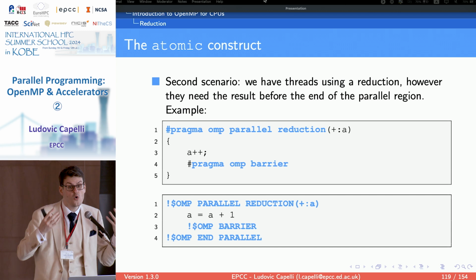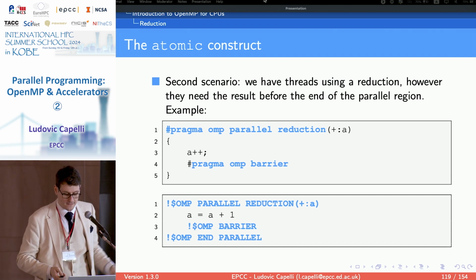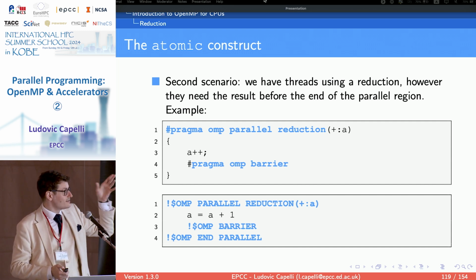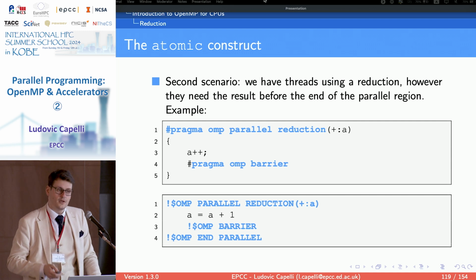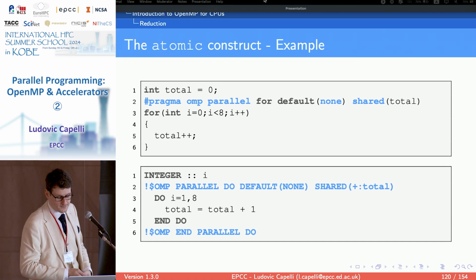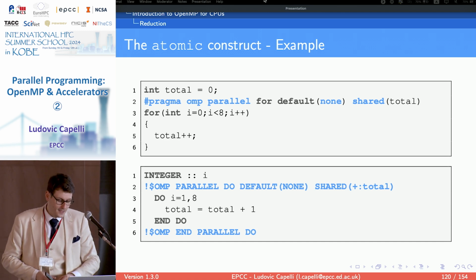So they will show their own local result, not the final value. So in this case, reduction is not going to work either. Luckily enough, there's another way to do it called atomics. One more construct in your toolkit.